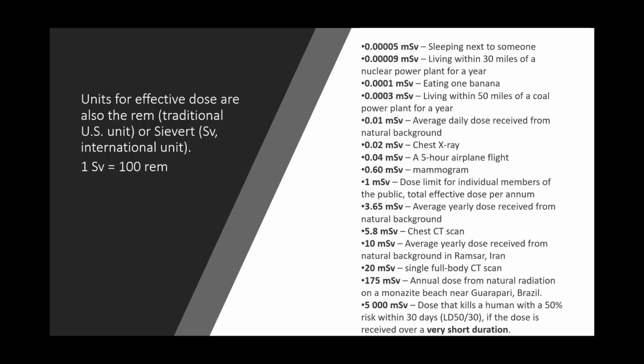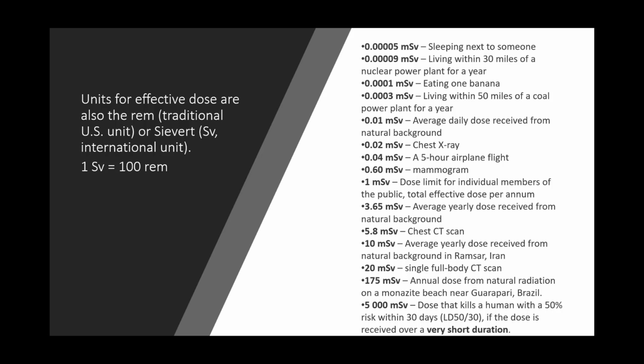What are we going to do about that? So it's just able to define what is the actual terminology we're using and what does it relate to. So if we take a look again, a chest X-ray is 0.02 millisieverts of radiation, which is about half the amount of radiation that you would get in a 5-hour airplane flight.